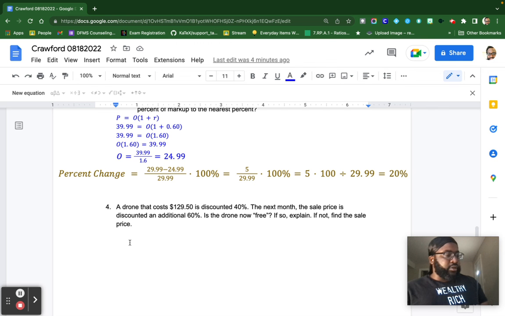And why I chose this problem to demonstrate is because I remember when I was your age, I would be like, you discounting 40% and you discounting another 60%? That's free. I don't know why they gave us this problem. I would get about 80. And then my teacher would turn around and be like, well, my answer book does not agree with you.